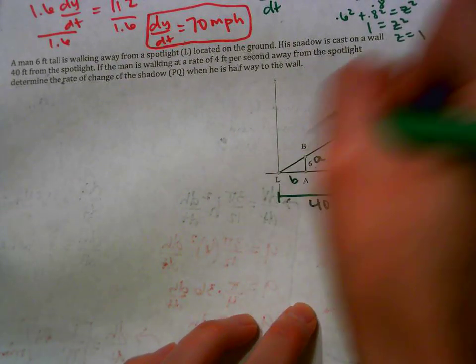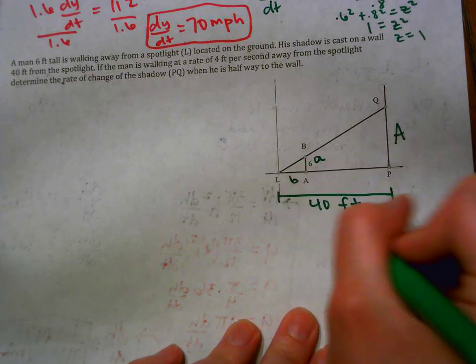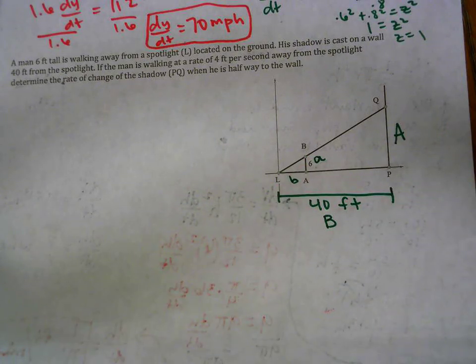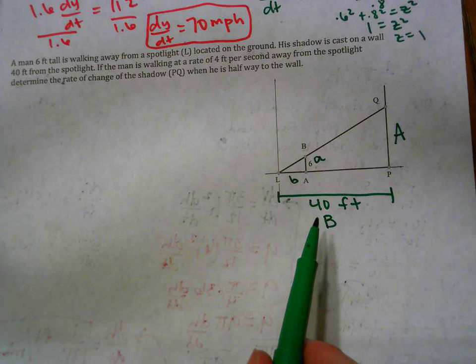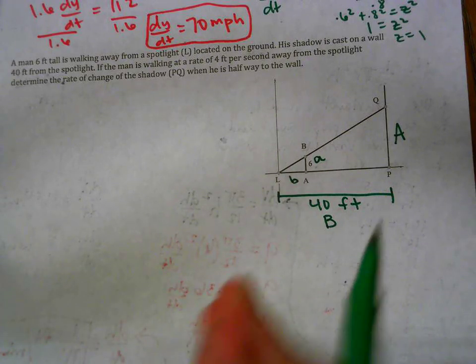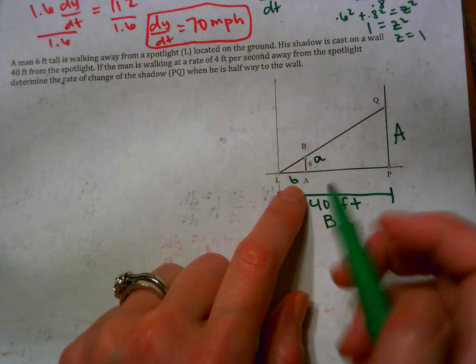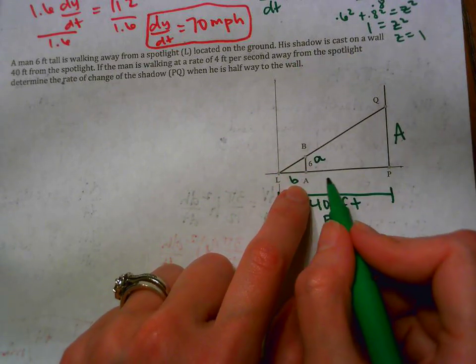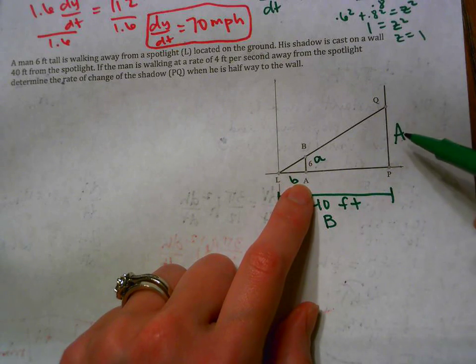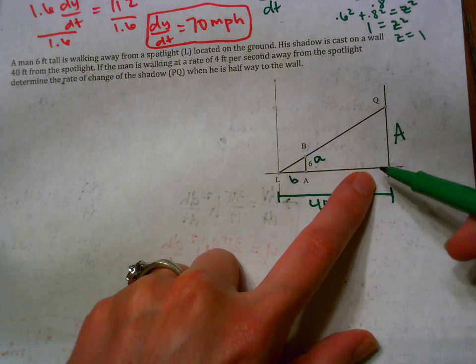And for this big triangle, I'm going to make it uppercase A, and this corresponding side would be uppercase B. So you notice uppercase B is not changing and lowercase a should not be changing. But these two are changing over time. He's walking towards it, so db dt is increasing, and then our capital A should be, as he gets closer, the shadow is going to be getting smaller.